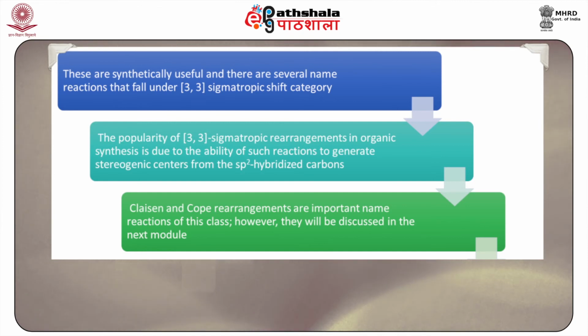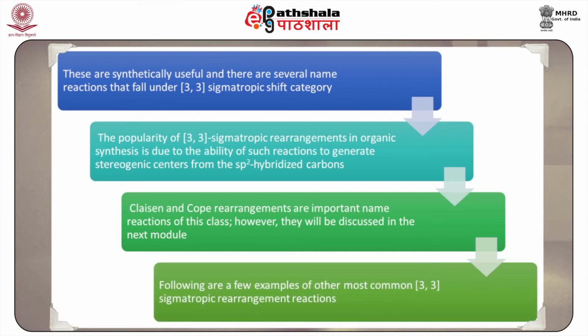Claisen and Cope rearrangements are important name reactions of this class. However, they will be discussed in the next module. Following are a few examples of other most common 3,3 sigmatropic rearrangement reactions.